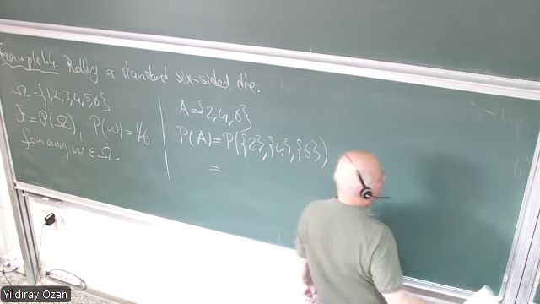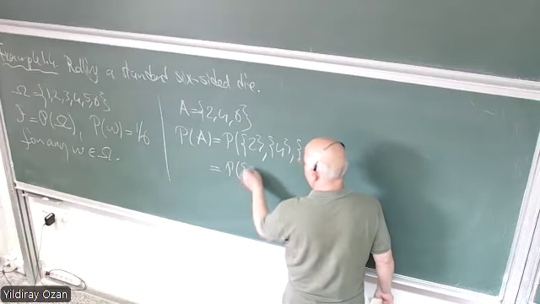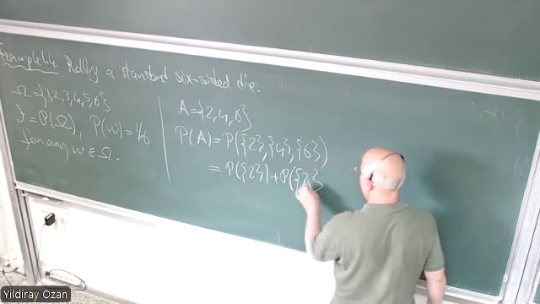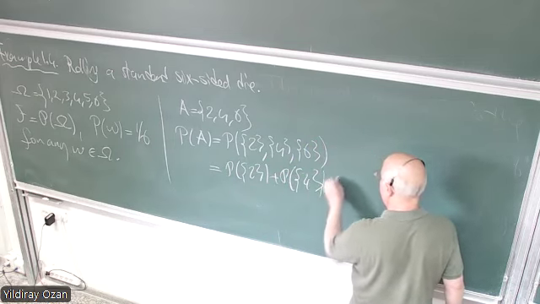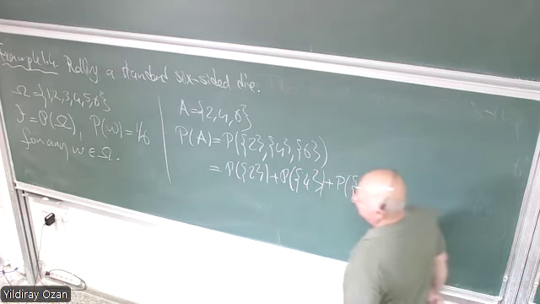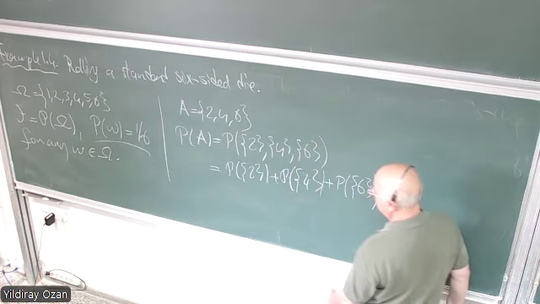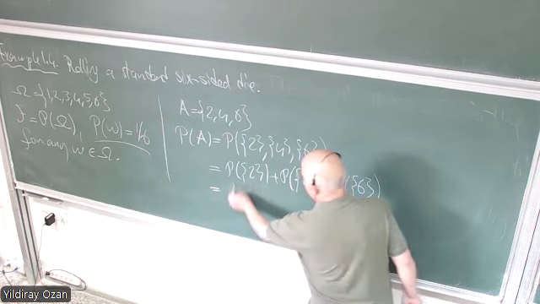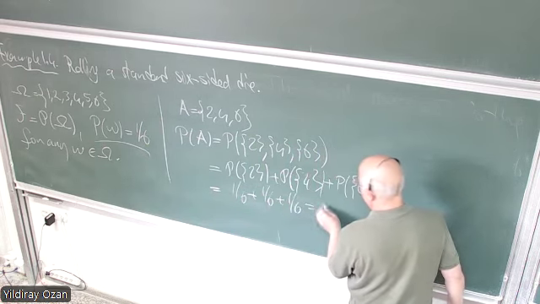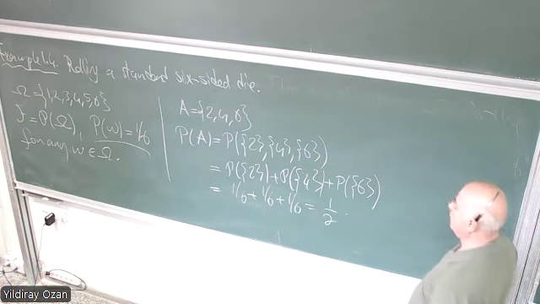And by our axioms, this is just the sum of these probabilities. But by our assumption that this is a fair die, all these probabilities are 1/6. So this is just 1/2.